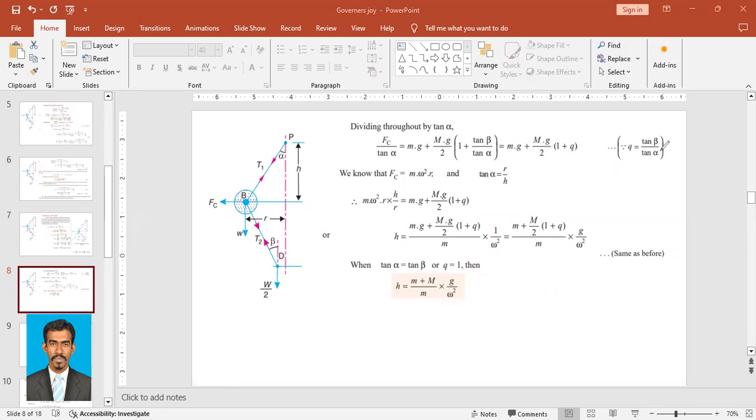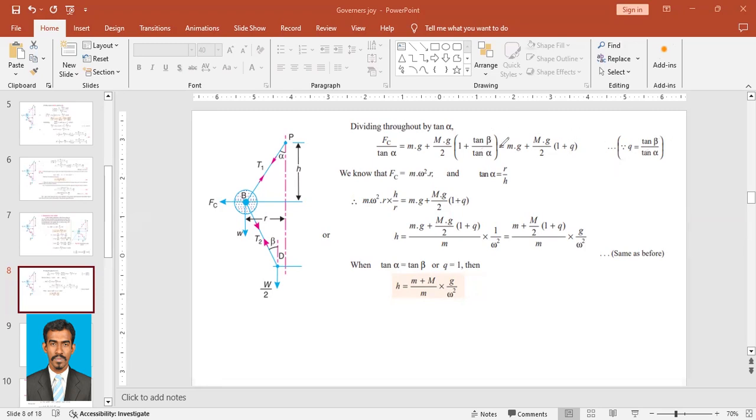Why 1 plus q? We assume q is equal to tan beta by tan alpha. You can take any other letter, a or b or c, anything. So small mg plus capital Mg by 2 into 1 plus tan beta upon tan alpha can be considered as q.